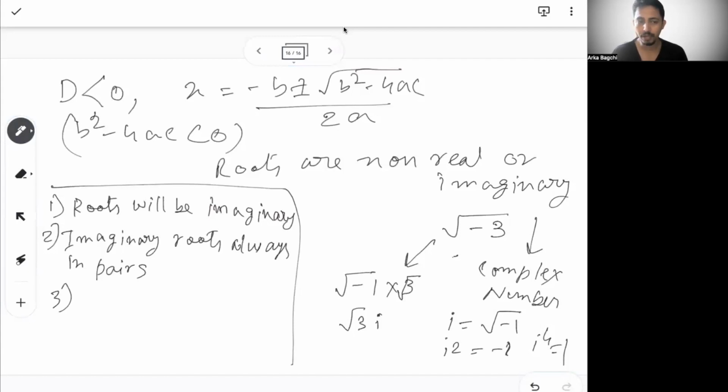If one root is a plus ib, the other root will be a minus ib.